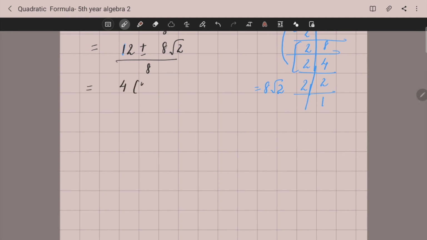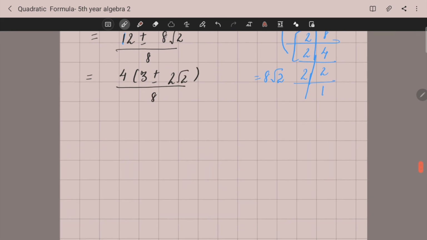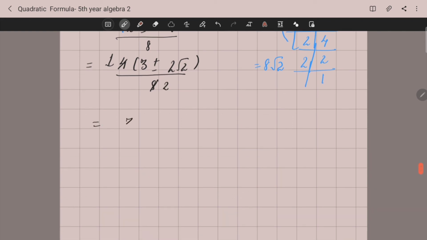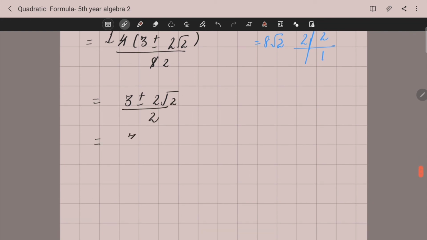We are left with 3 plus minus 2 root 2 over 8. So after that we know 4 and 8 cancel with each other. 4 ones are 4, 4 twos are 8. So we are left with 3 plus minus 2 root 2 over 2. And 3 plus 2 root 2 over 2, 3 minus 2 root 2 over 2, this is our answer.